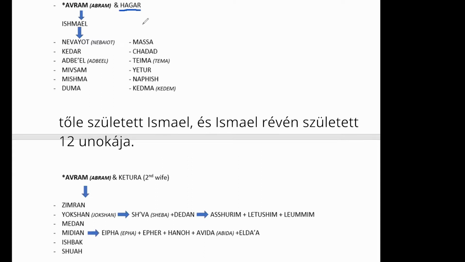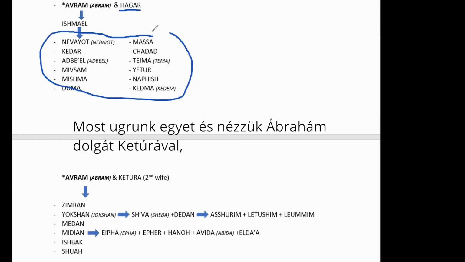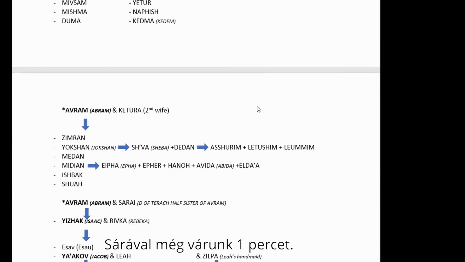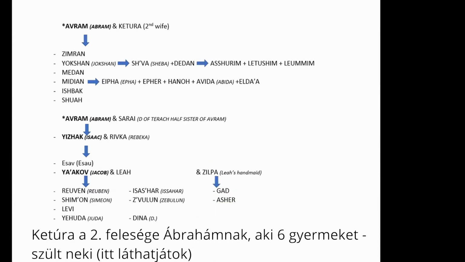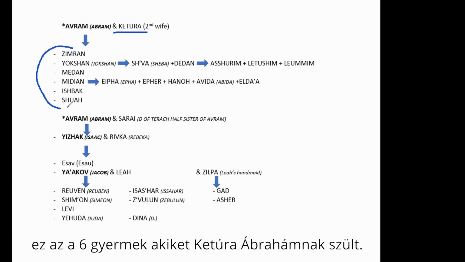She gives him Ishmael, and Ishmael gives him 12 children. We're going to continue down to Abraham with Keturah. We're skipping Sarah for just one minute. Keturah is the second wife of Abraham. She gives him six children right over here. These are the six children of Keturah and Abraham.